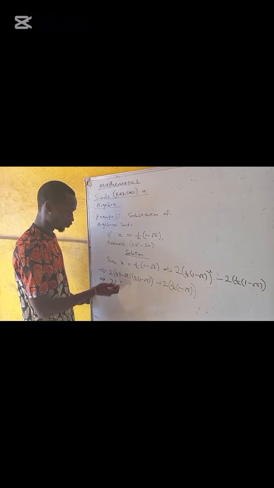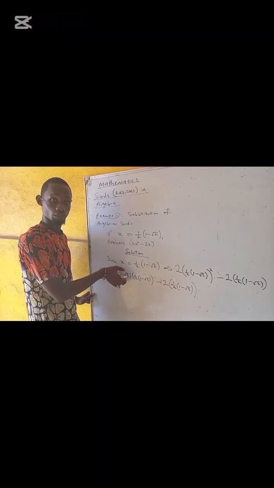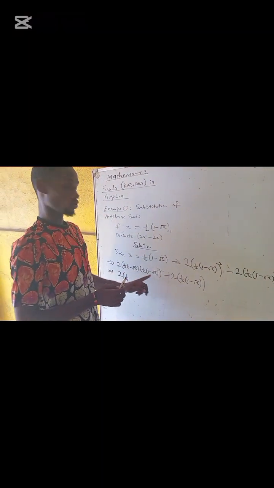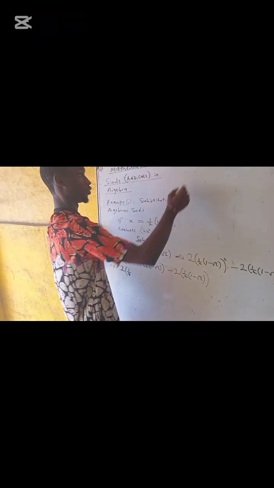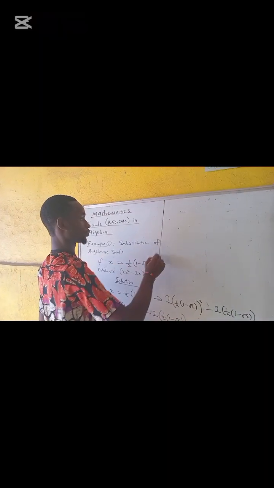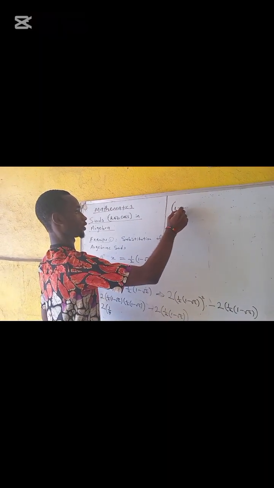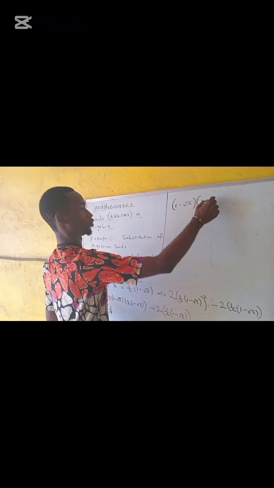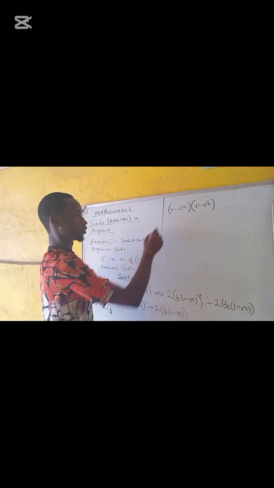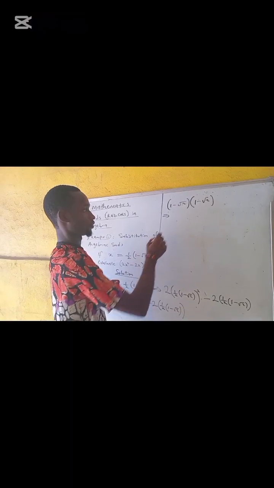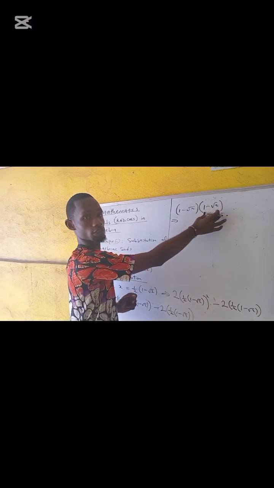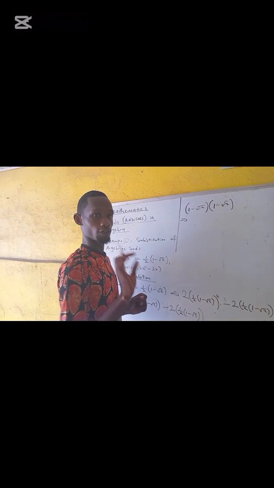And we now have this radical sort multiplying this radical sort, 1 minus root 2 multiplying 1 minus root 2, which implies that this bracket must multiply everything in this bracket, one after the other.